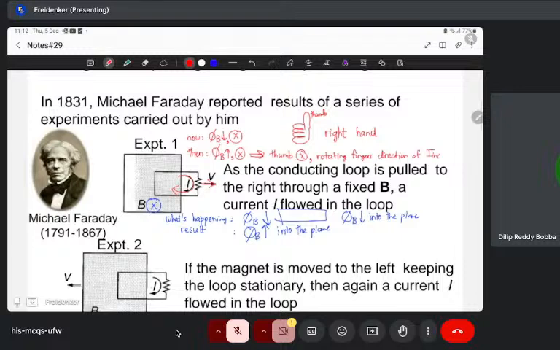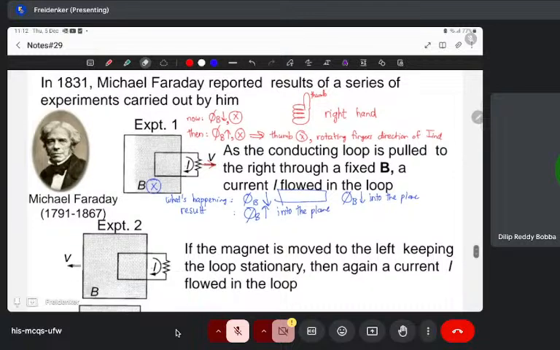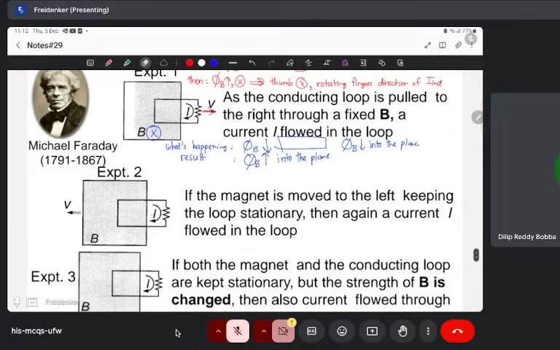If you curl your fingers, they will rotate in the clockwise direction. So that is how I is in the clockwise direction.